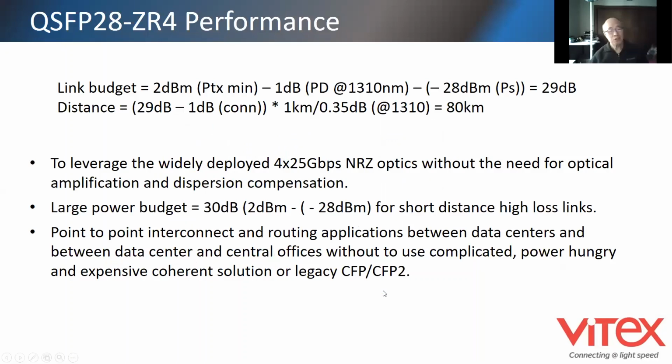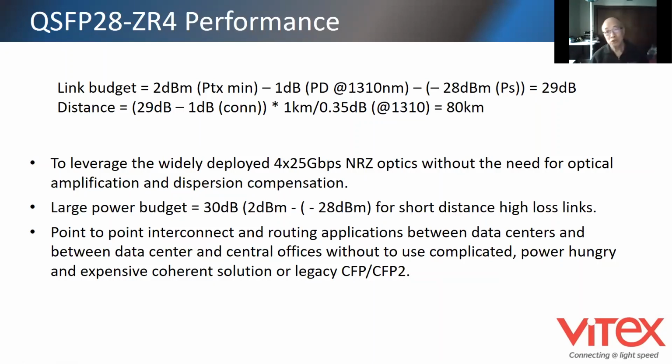And just touch base a little bit on the performance. You can see on this calculation, we use +2 dBm on the transmitter minimum, minus some dispersion. Like I said, the dispersion is finite, it has some value, let's say below 1 dB.